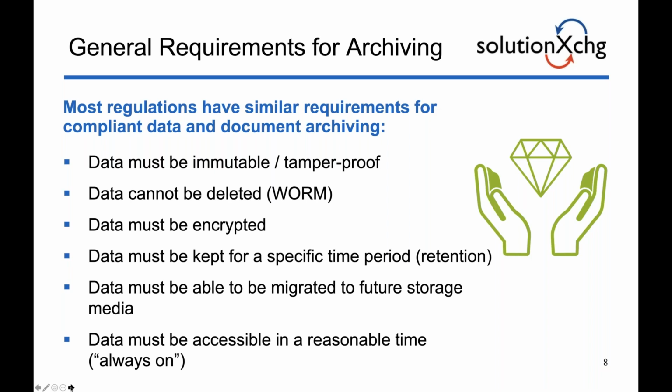Healthcare providers need to comply to HIPAA. But all these regulations have in common certain guidelines as far as how data and documents need to be handled and stored for long-term archiving, and that is that the data has to be immutable and tamper-proof, so no changing of a record that is considered an original, and no premature deletion.